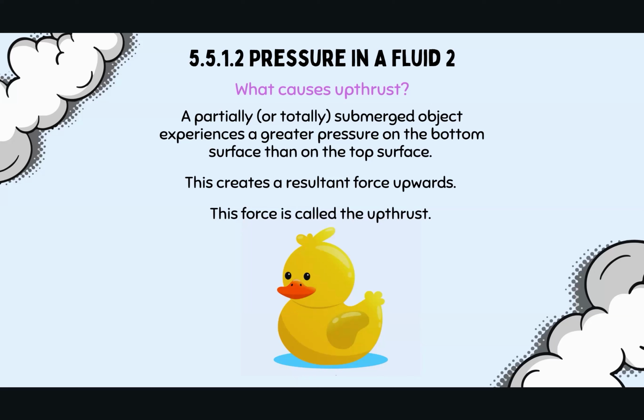So what causes upthrust? A partially or totally submerged object experiences a greater pressure on the bottom surface than on the top surface. This creates a resultant force upwards, and this force is called upthrust.